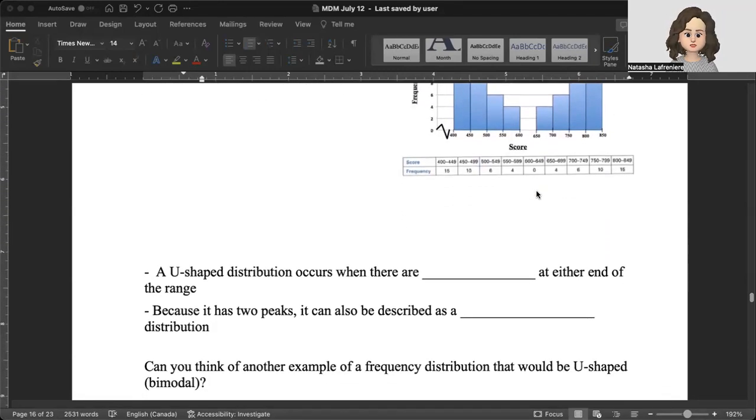A U-shaped distribution occurs when there are peaks at either end of the range. Because it has 2 peaks, it can also be described as a bimodal distribution.